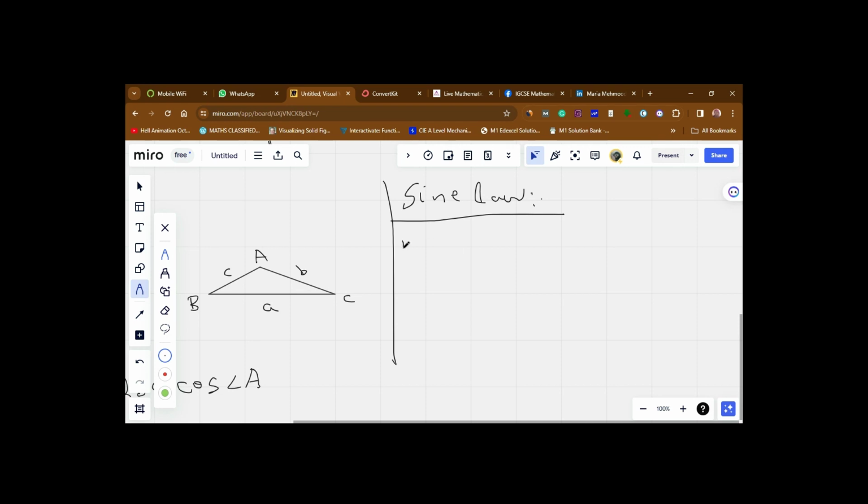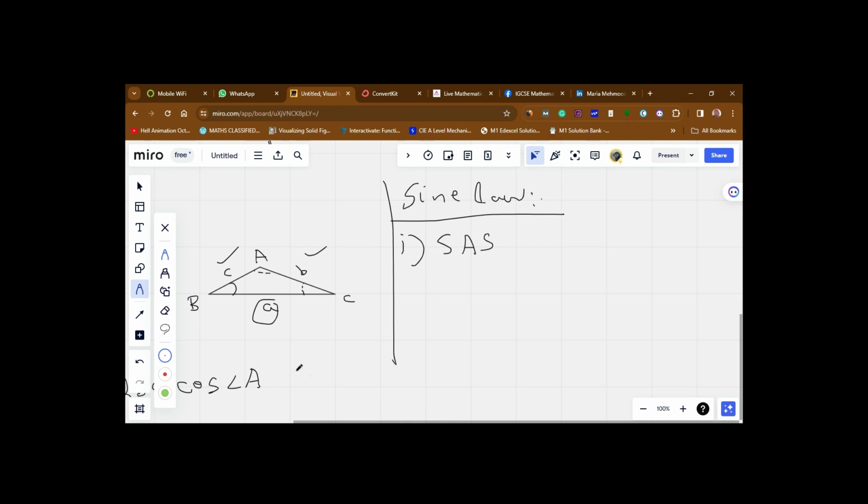When two sides are given to you and one of the angles which is not present at their intersection. For example, if these two sides are given to you and any one angle which is not present at their intersection, if that angle is present over here, then you can use your sine law to find out the remaining unknown side and the remaining two unknown angles.